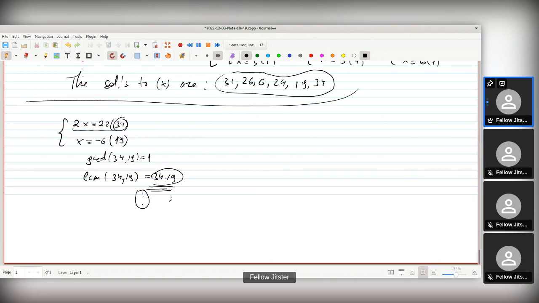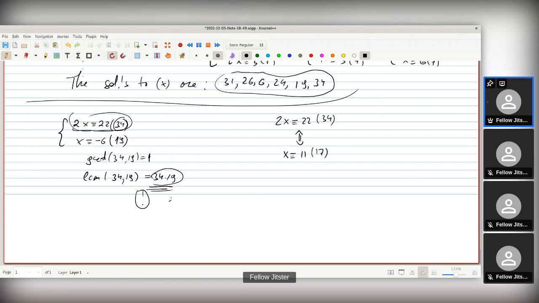But what should we do? Nevertheless, we should solve it modulo 34. Can we divide both parts by 2? We can, but we must take into account the number of solutions. So it is like 11 modulo 17.